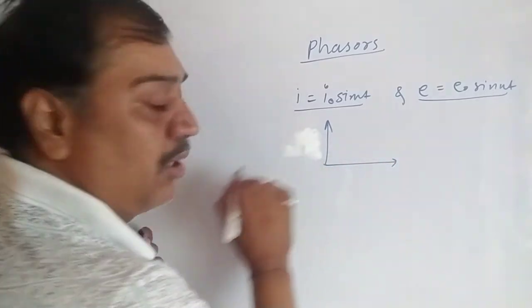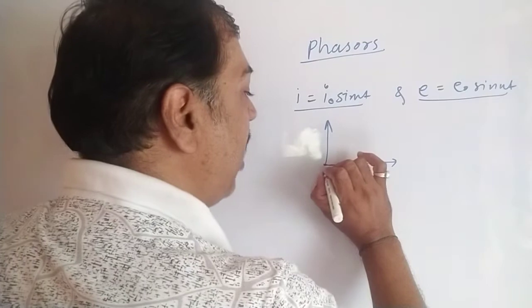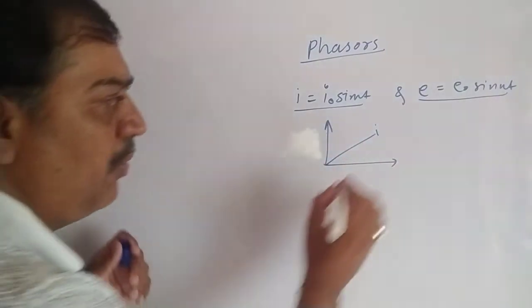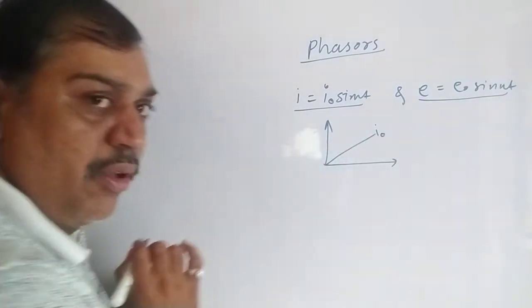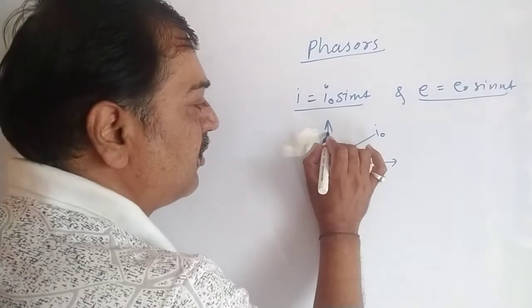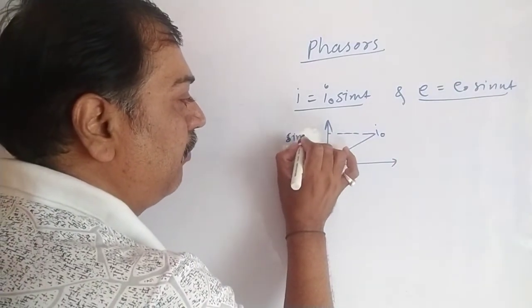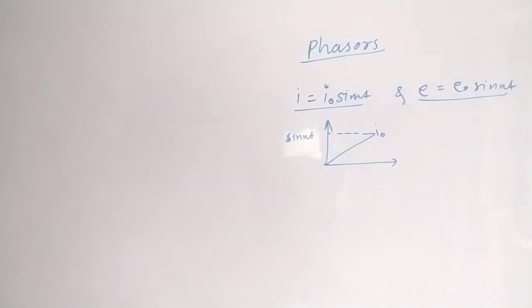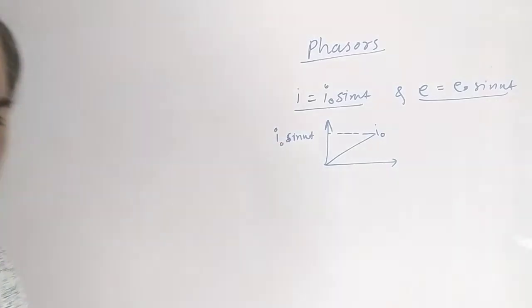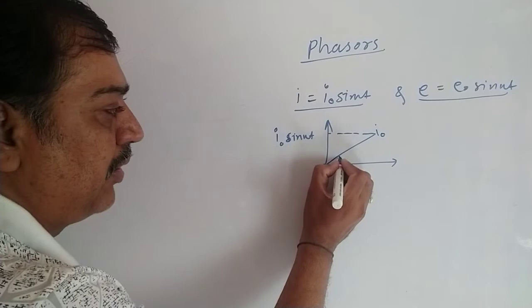We take the y-axis and x-axis, and here we take the current peak value, I0. This gives the sine term along the y-axis, I0 sine of omega t.